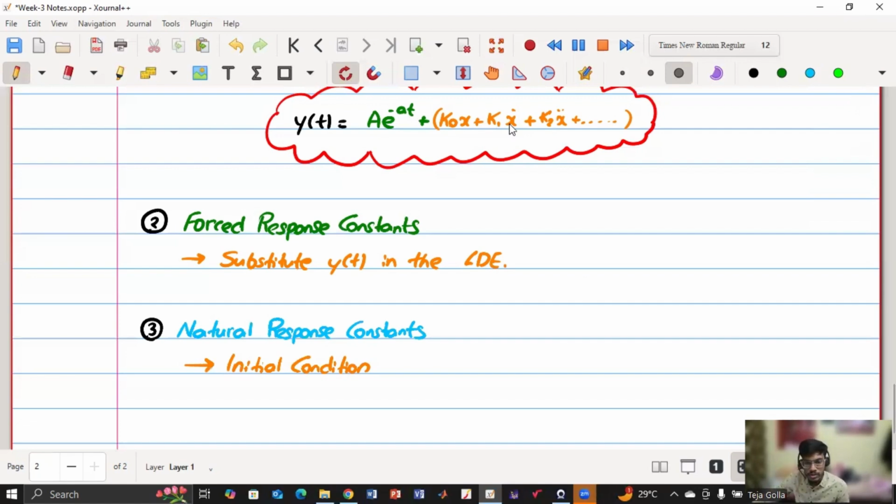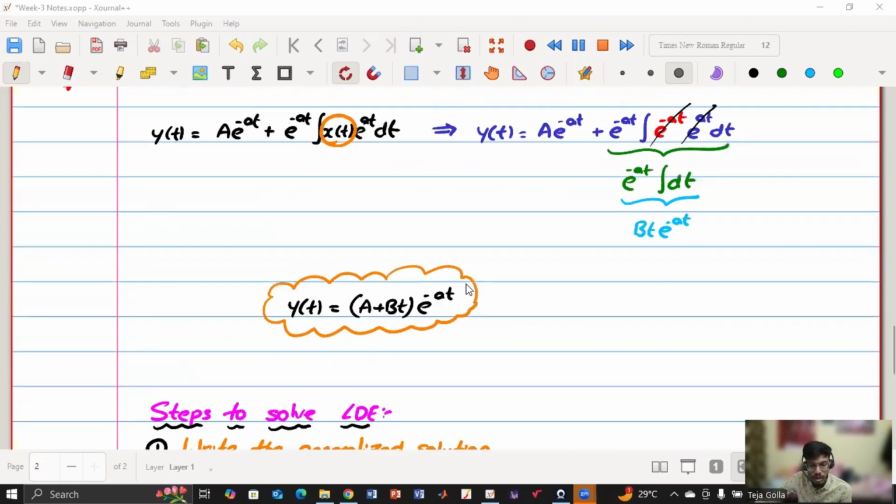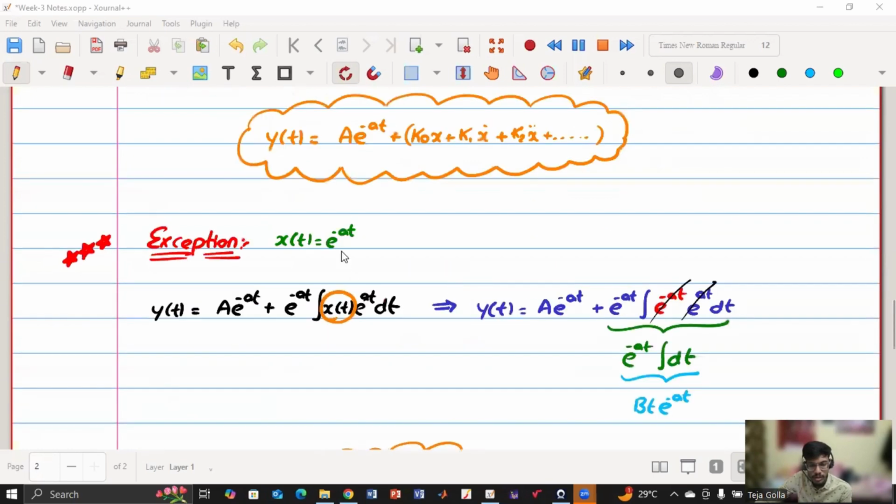Someone has mentioned: Sir, I could not understand why we put x of t equal to e to the power minus 80 here. Can you write it clearly? Okay, this is one exceptional case.